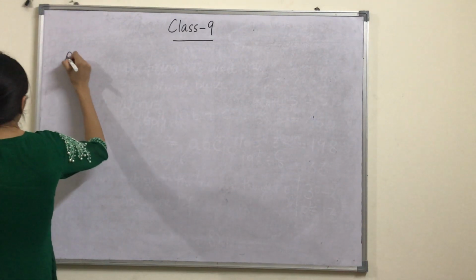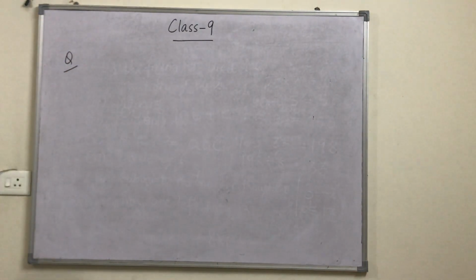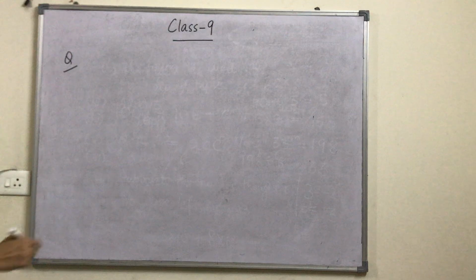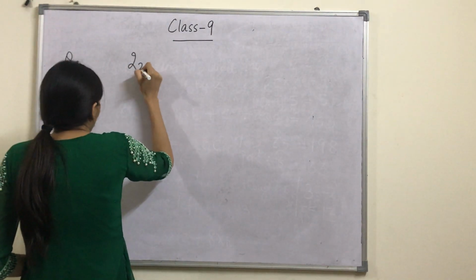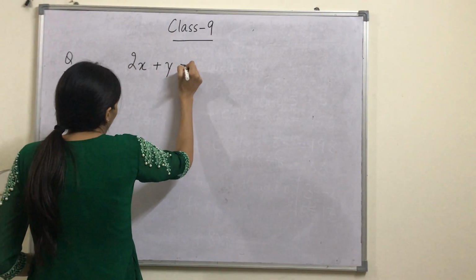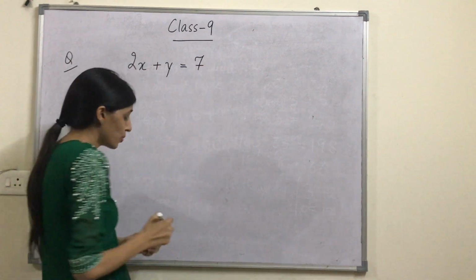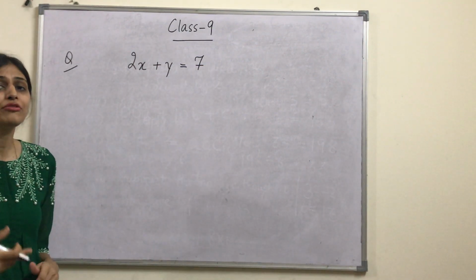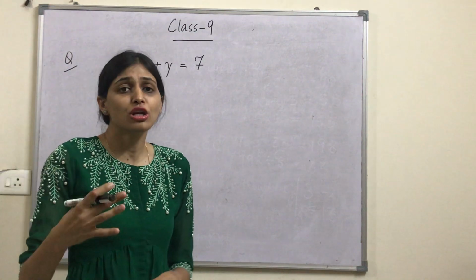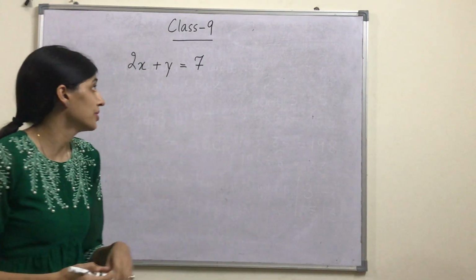Our first question is, an equation is given to you: 2x plus y is equal to 7, and you have to find 4 solutions to the given equation.